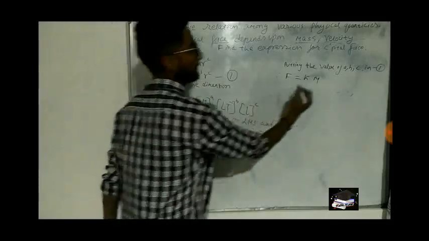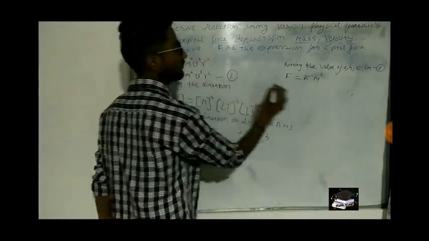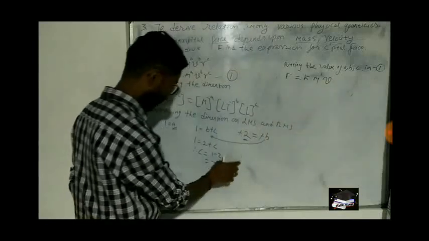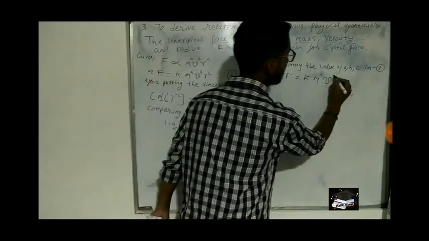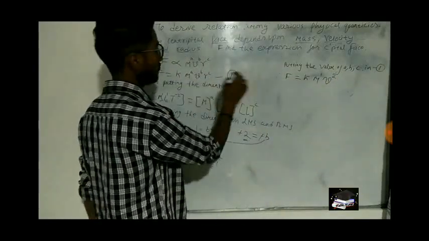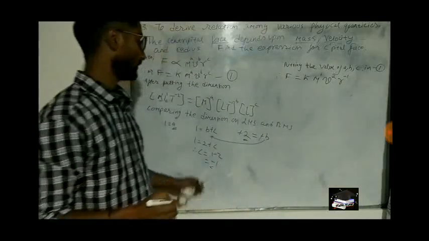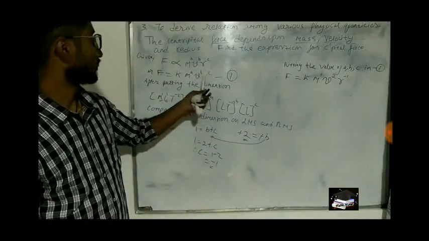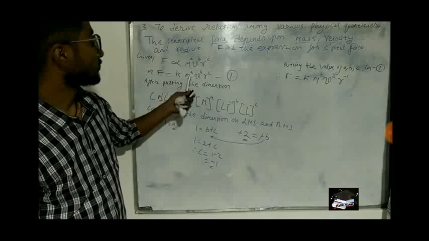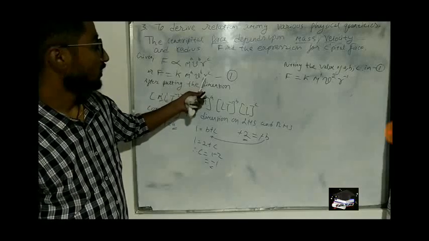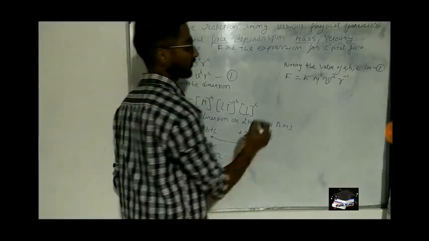The value of a is 1, the value of b is 2, and the value of c is minus 1. So we have put the values of a, b and c here. Force equals k into m to the power 1, v to the power 2, r to the power minus 1.